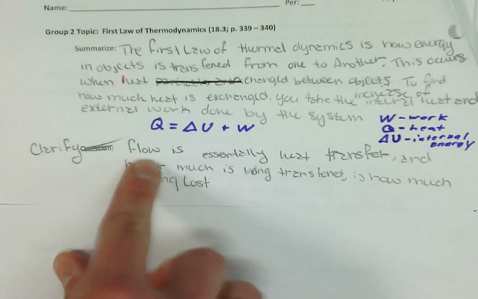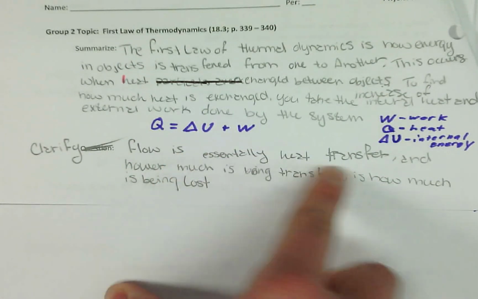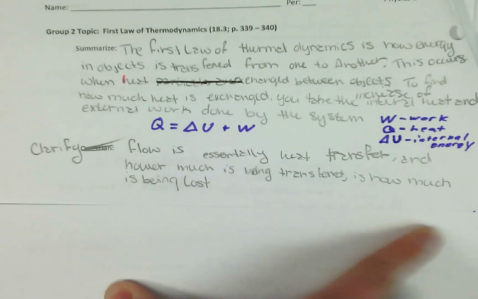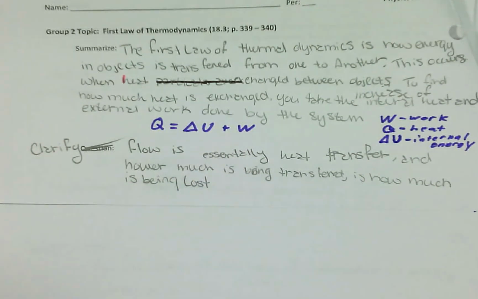Flow is essentially heat transfer, and however much is being transferred is how much is being lost. When you're talking about the flow of heat from one object to another, how much heat is transferred is dependent upon how much the internal energy changes. There's also some work done sometimes.